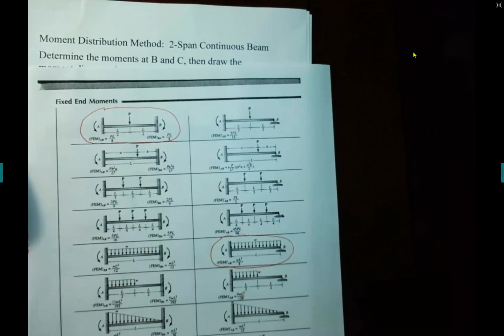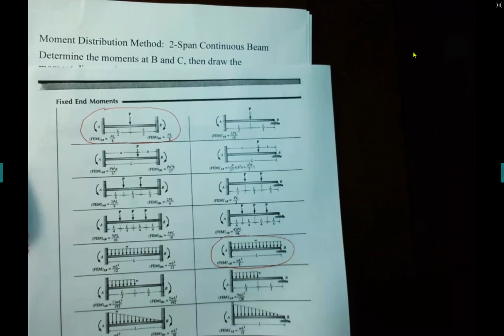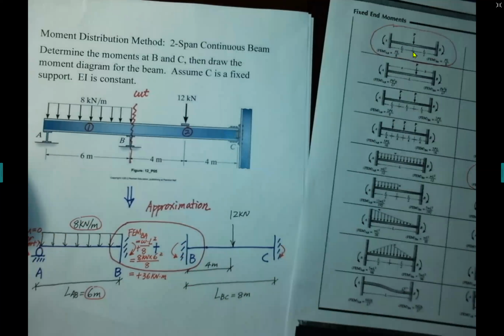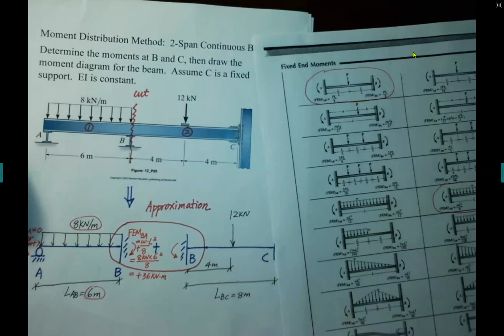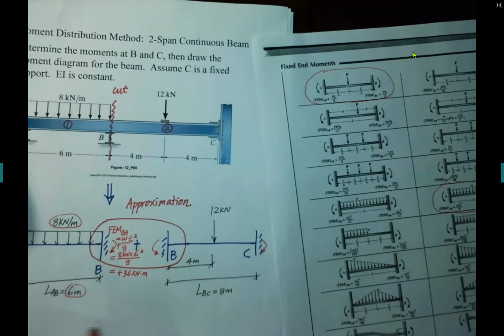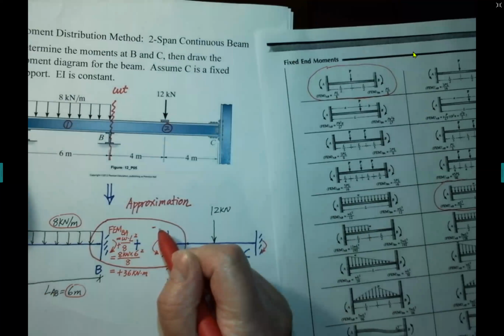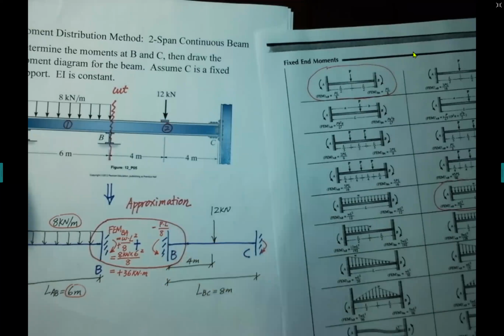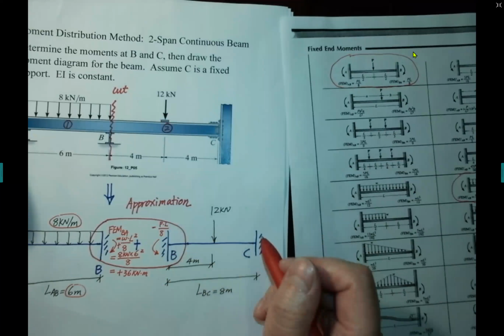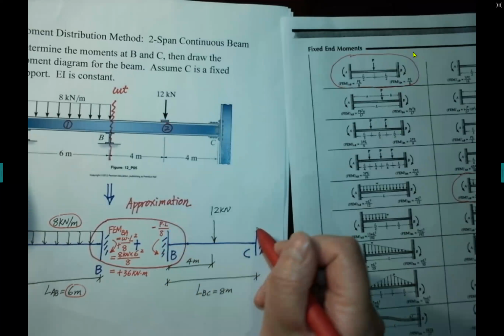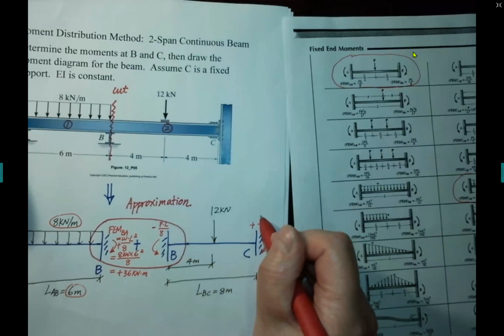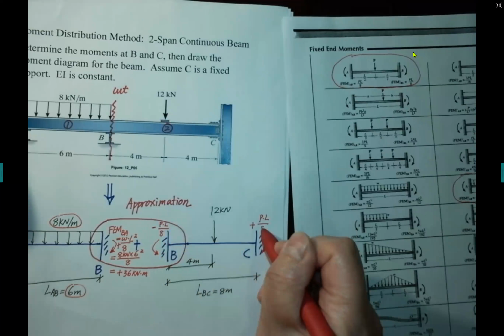Okay, the fixed end moment equals to PL over 8. And we notice that at B end is counterclockwise, so it's negative PL over 8. And on the C side is clockwise, so equals to positive PL over 8.